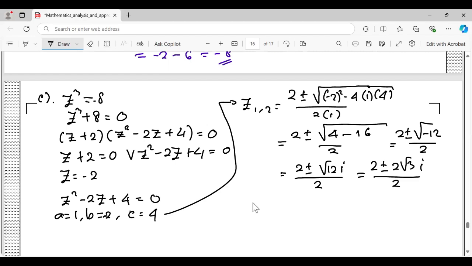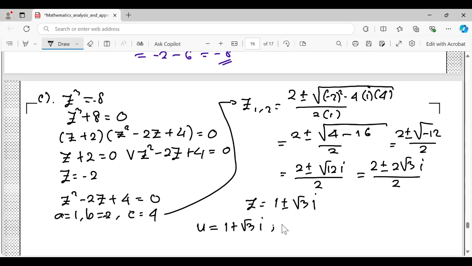So it means z equals 2 divided by 2, 1, plus minus 2 divided by 2, 1, square root 3 i. Okay. So it means u equals 1 plus square root 3 i.